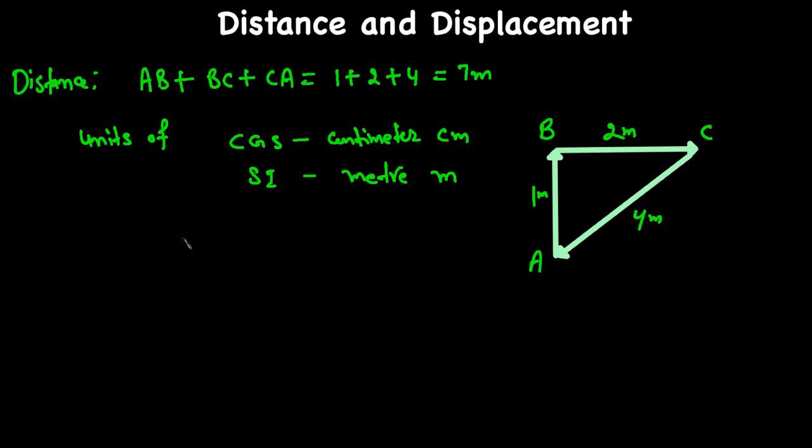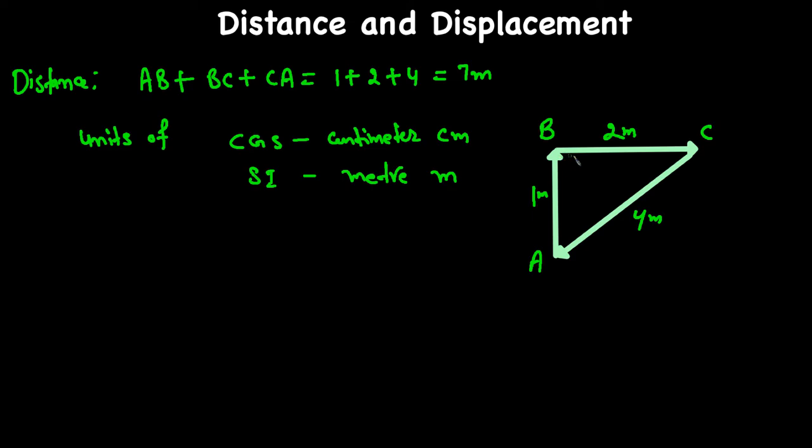So distance is a scalar physical quantity as it has only magnitude. So we have only magnitude that tells us the size of the distance, and no sense of direction, so we can't tell which direction we are moving.